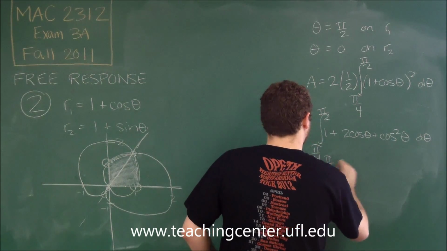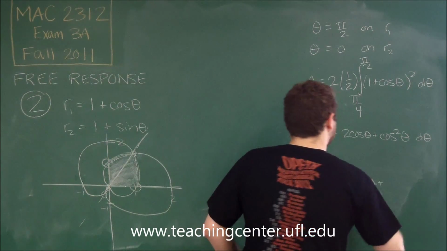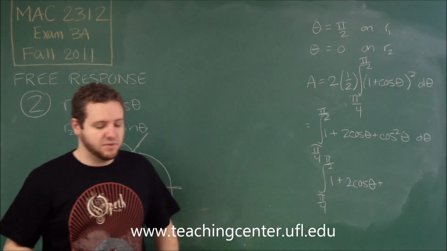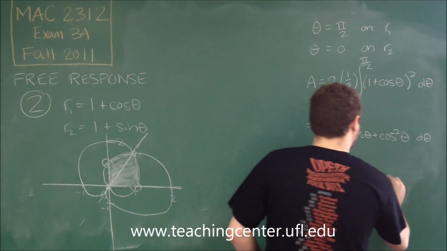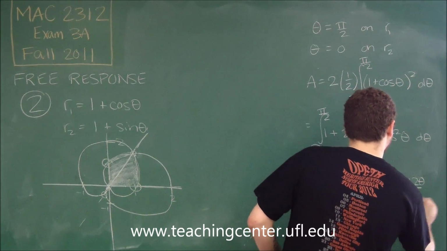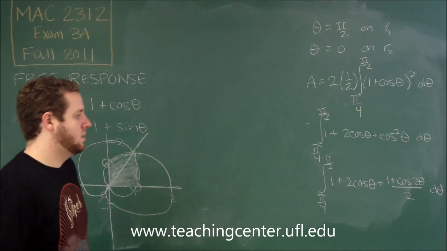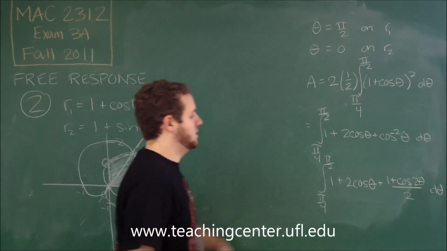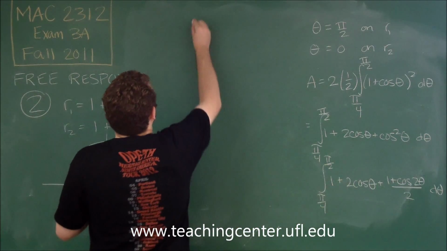So this would be the integral from pi over 4 to pi over 2 of 1 plus 2 cosine theta plus, so remember that cosine squared of theta is 1 plus cosine 2 theta all over 2. So lastly, we can separate each one because we do have a constant already.